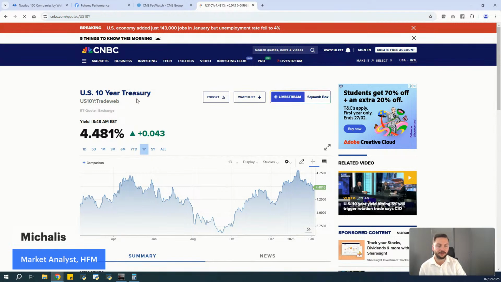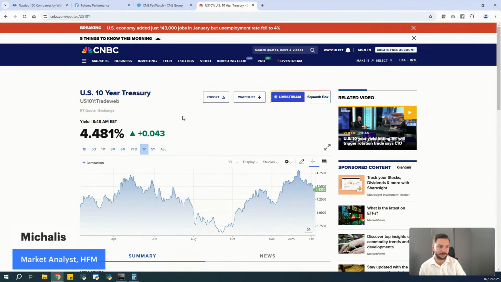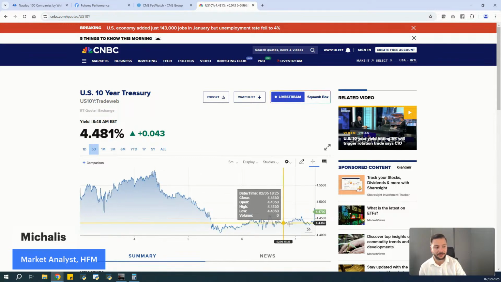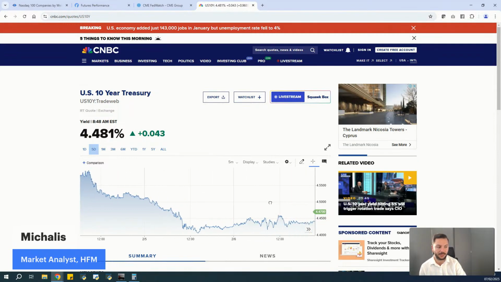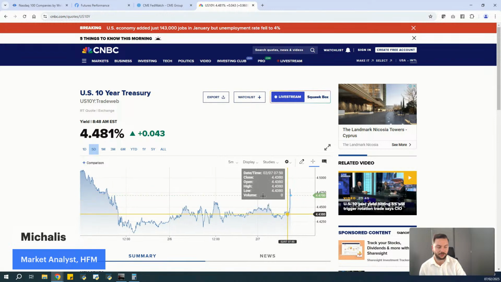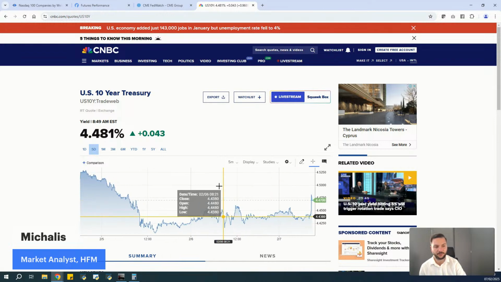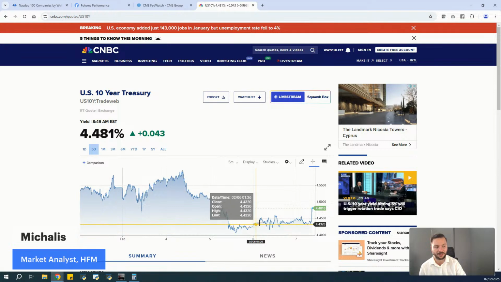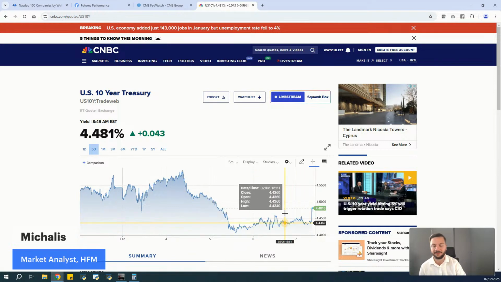Now, higher bond yields are negative, ladies and gentlemen. Keep that in mind. But even though today's bond yields are higher, you can see here the sharp upwards move, over the week, bond yields are lower. So that increase isn't necessarily giving me any major concern just yet.